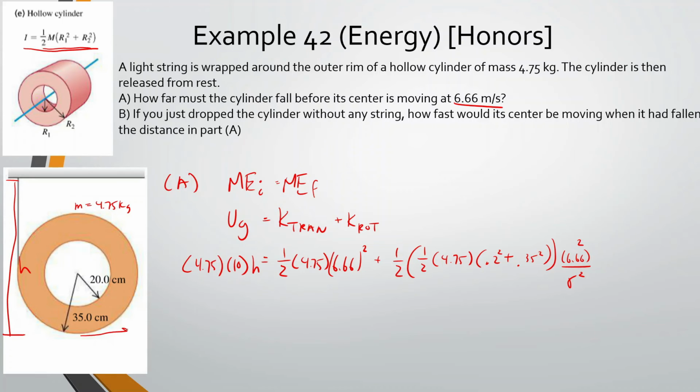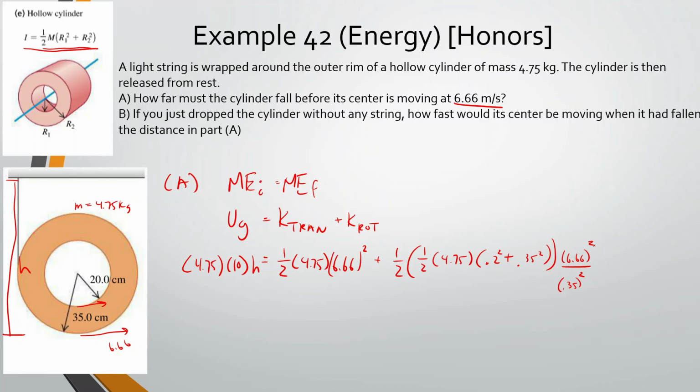It's going 6.66 here. It's not going 6.66 here; it's going to be a little bit less. So the radius we have to use is this 35 centimeter one, not the 20 centimeter one. So this one is going to be divided by 0.35. Hopefully you understood that. That is a bit confusing.